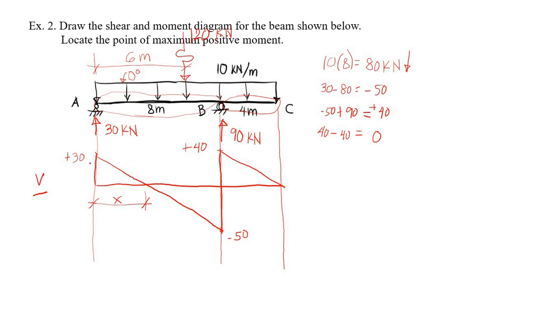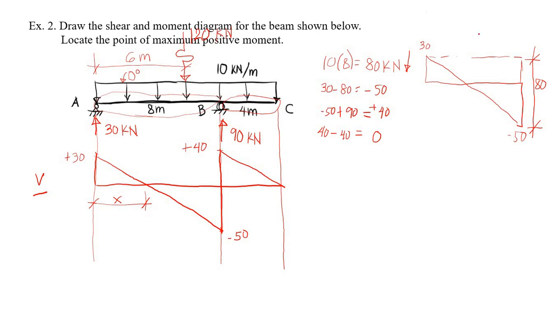Now, if we look at this entire figure here, which is negative 50 and this is 30, if we extend this line here, then we can see that this difference is 50 plus 30, which is 80.